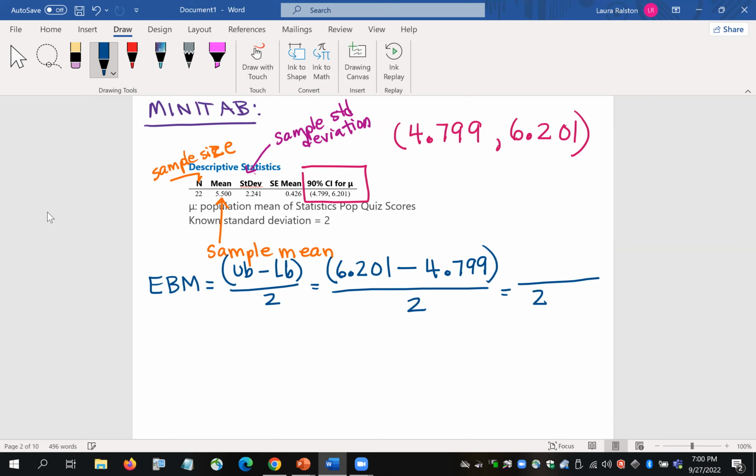Again, please be careful. Make sure you do the subtraction in the numerator first. So I have 6.201 minus 4.799, which is 1.402, and I divide by 2, and I have 0.701. So my margin of error is about 7/10.